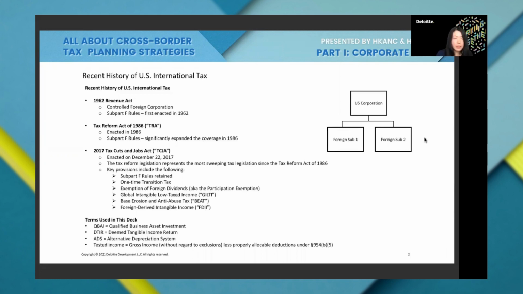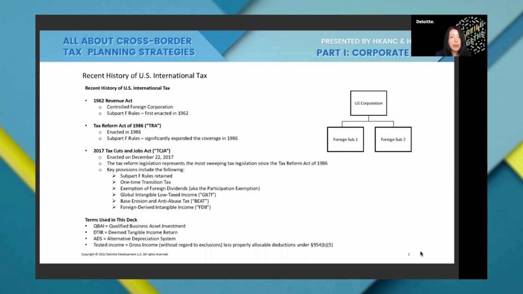Another key provision that would impact quite a few clients, U.S. multinationals, is foreign-derived intangible income, FDII. I will give an example when we talk about FDII in the next couple of pages.